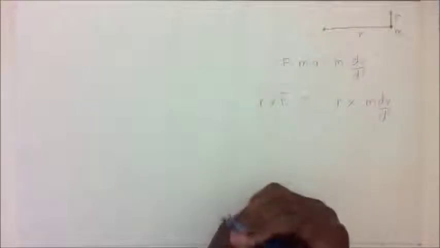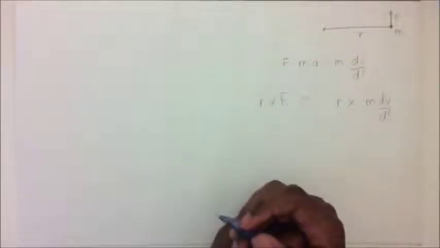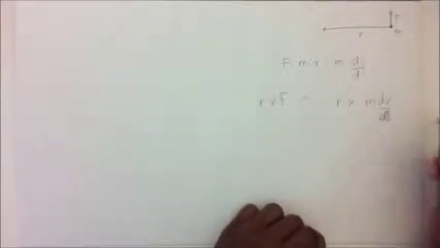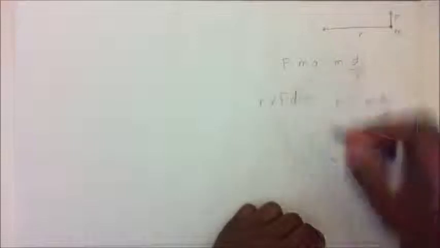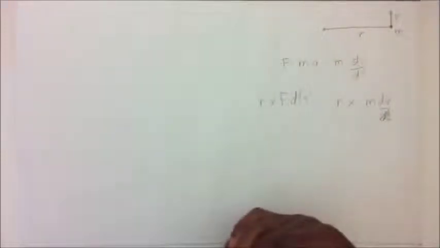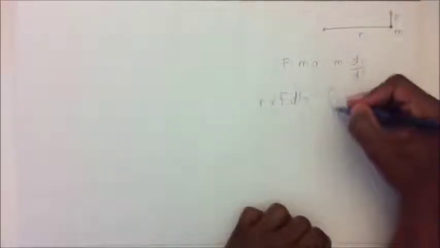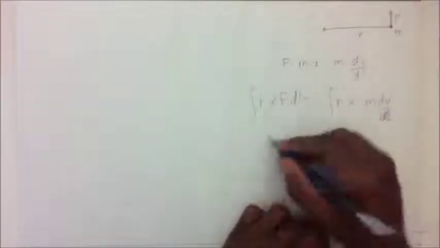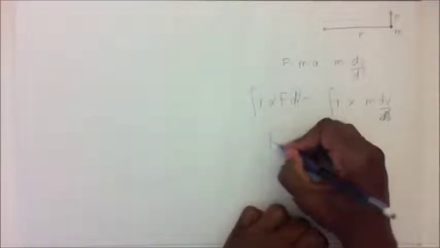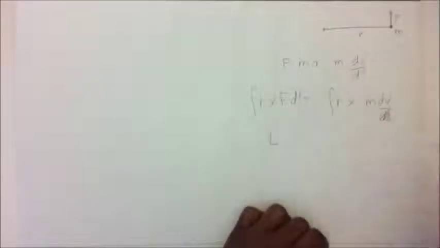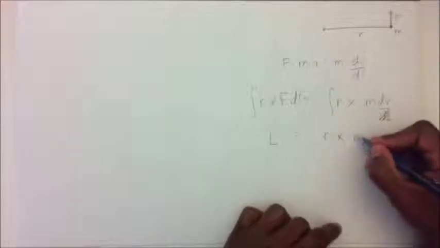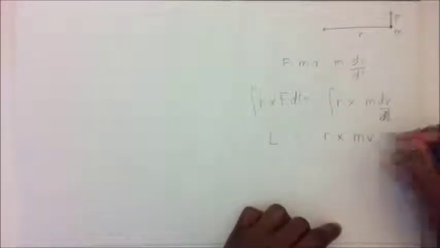Now I can accumulate that torque over time. First, I'll multiply by dt. Now if I integrate that, which is what I'll do to accumulate the result of the torque over time, I'll get an angular momentum, which we call L. And that is equal to the radius times the mass times the velocity.